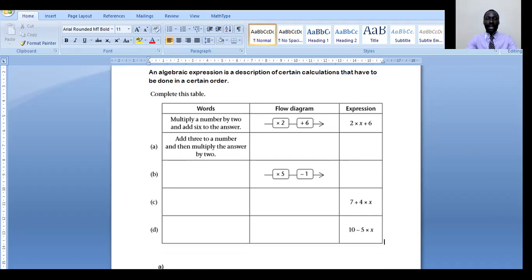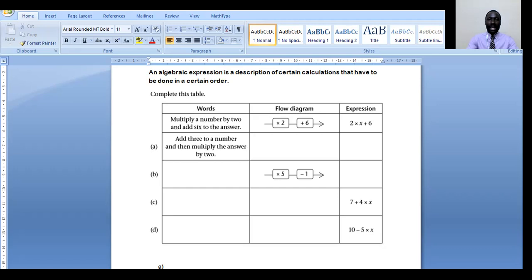So the thing that we want to start by looking at is, when we look at the first description, well, it's saying multiply a number by 2, okay? Multiply a number by 2. It's like trying to say, think of a number, have 2 of those numbers. That's the meaning of multiplying the number by 2.